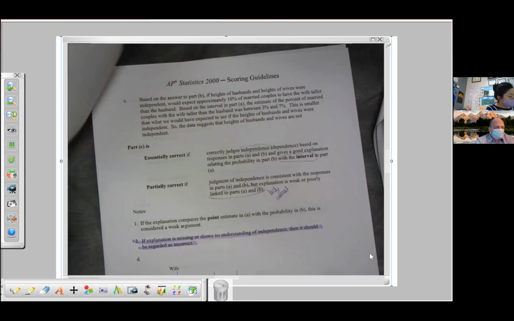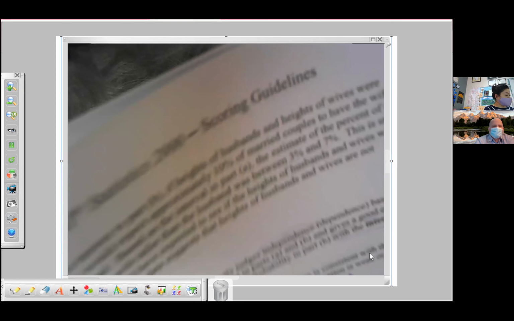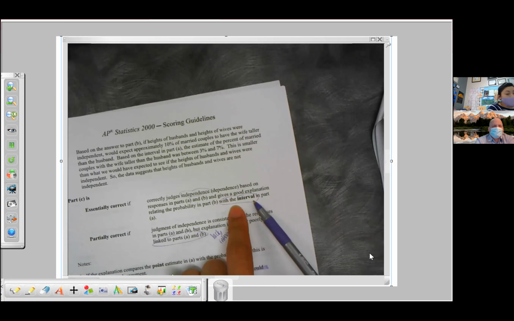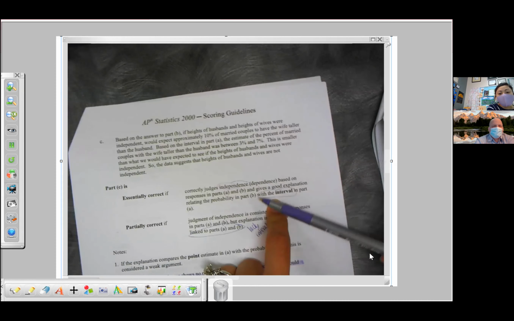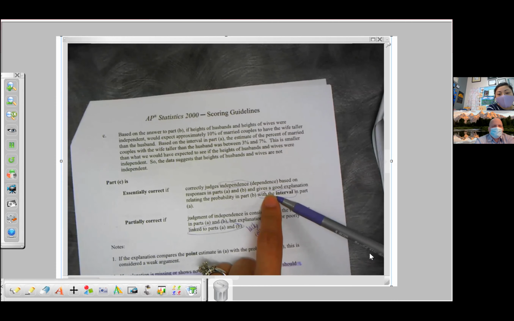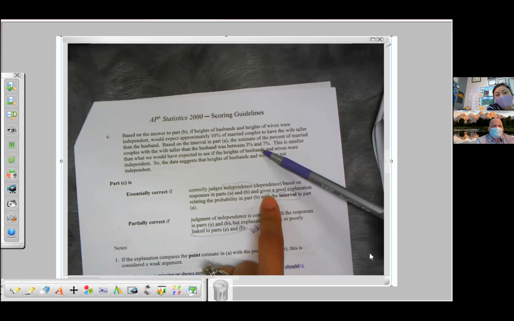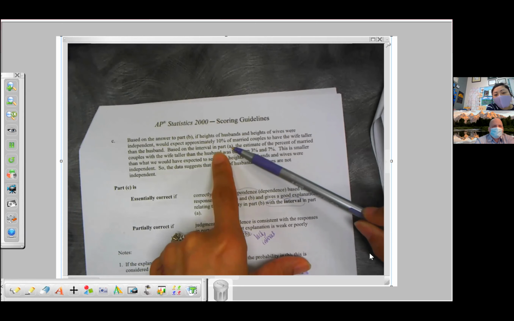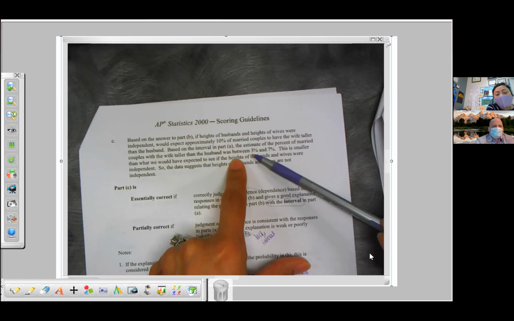Then for part C, where you're talking about independence, they made a very strong note that you had to refer back to the interval, that your justification about independence or dependence in this case had to be based on the fact that our probability that we calculated was not within the interval.